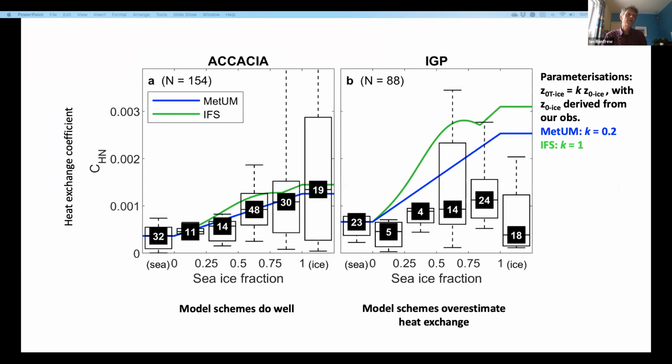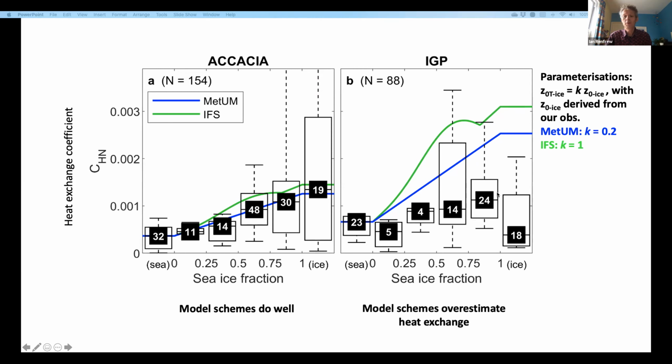So what does that do for the heat exchange coefficients? Well, you can see that for the Acacia field campaign, CHN actually matches the observed CHN from the aircraft pretty well. But in contrast, the model parameterized CHN for this IGP campaign is way too high compared to the observed exchange coefficient for heat.